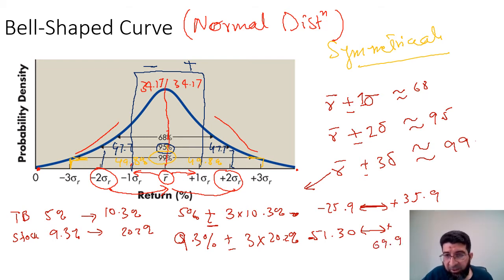So you see the range is higher for the stocks compared to the treasury bonds, and that is because stocks reflect the risk. The risk is higher for stocks compared to the treasury bonds.